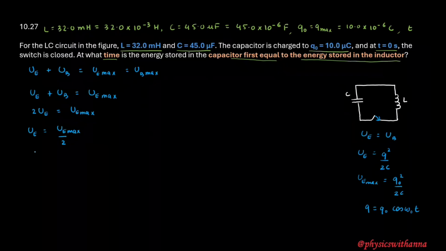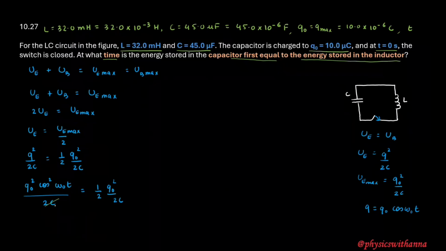So let's substitute that here. For UE, I will write Q squared over 2C. This will be half Q naught squared over 2C. Let's substitute for Q as Q naught cosine omega naught t. So Q naught squared cosine squared omega naught t over 2C equals half Q naught squared over 2C.